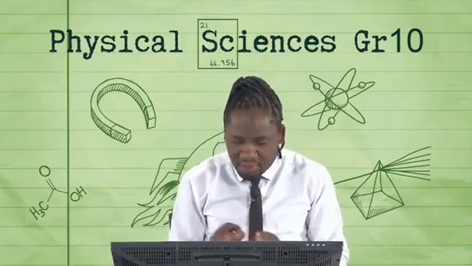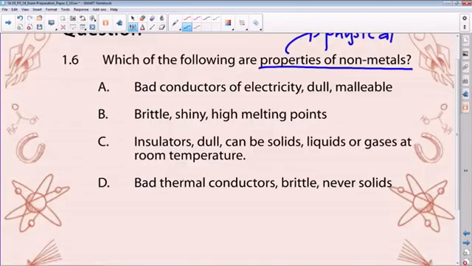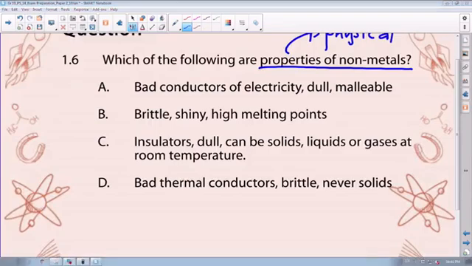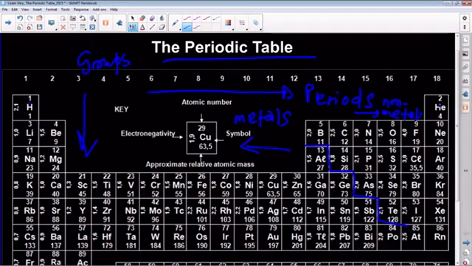non-metals. We remember that non-metals are, in this case, if we could go back again quickly to the periodic table. Right, it says here, these are the materials which are non-metals. All these ones are non-metals, because they are on the other side of the semi-metals.